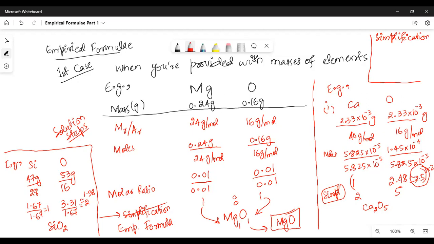If the number is 0.5, you multiply the whole thing by 2. 0.33 or 0.34 are multiplied by 3. 0.25 are multiplied by 4, and 0.2s are multiplied by 5.